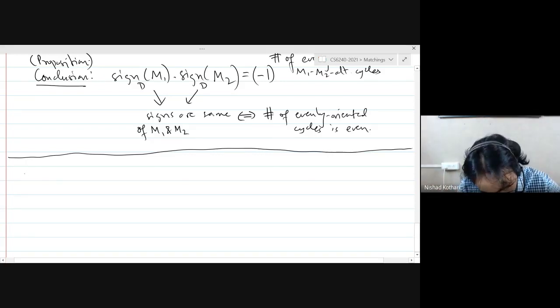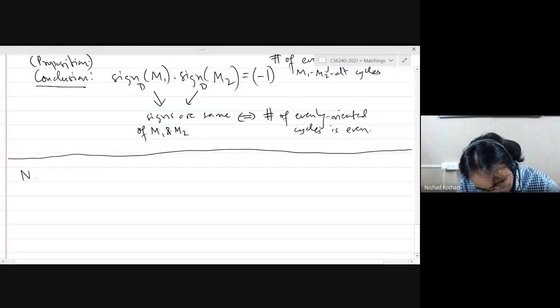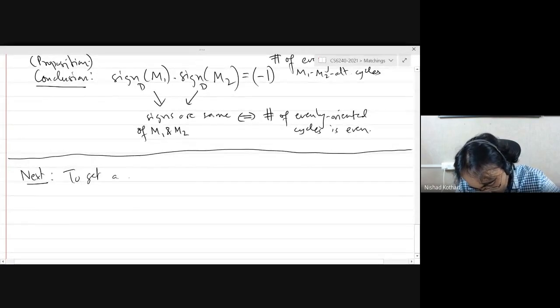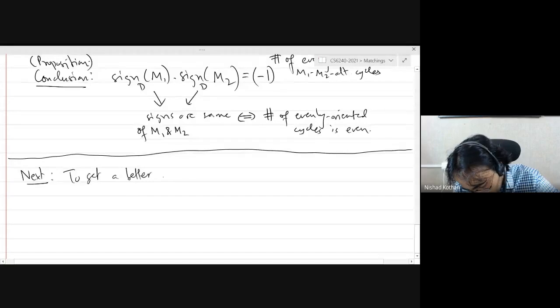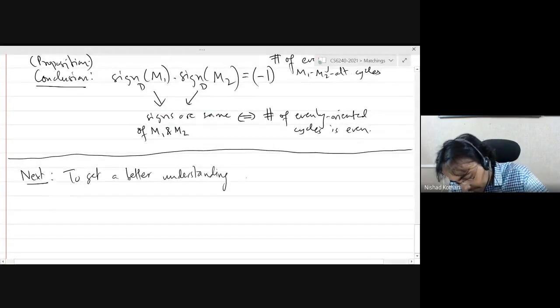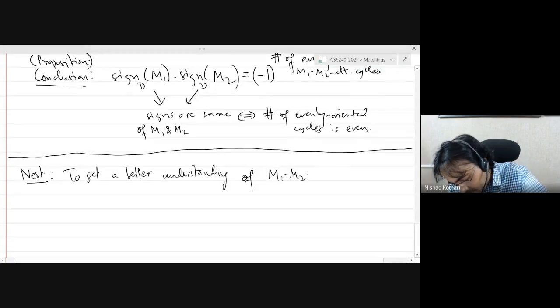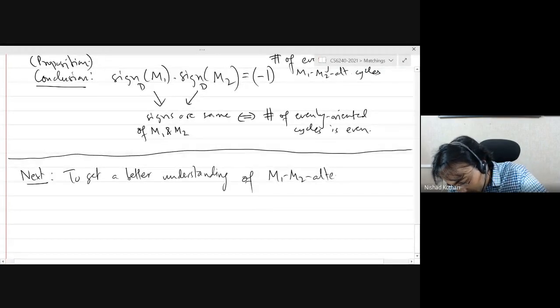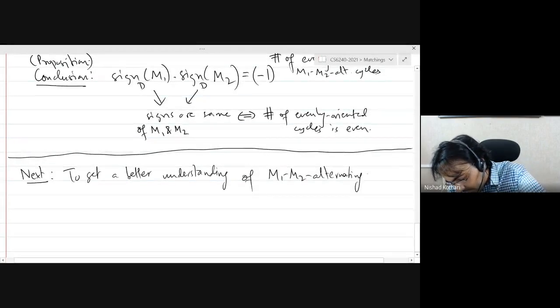So next goal is to get a better understanding of M1, M2 alternating cycles.